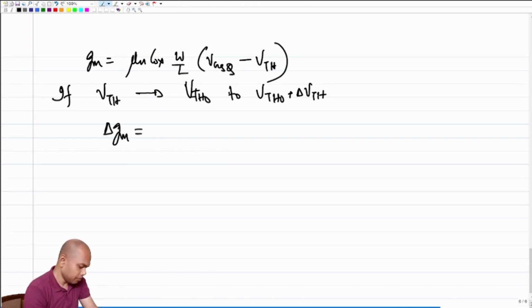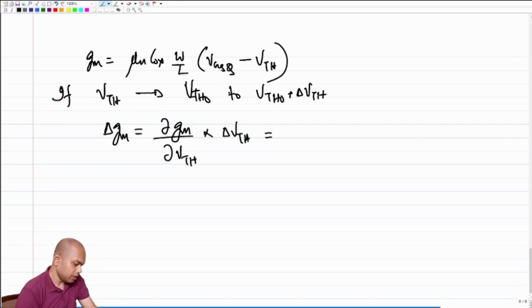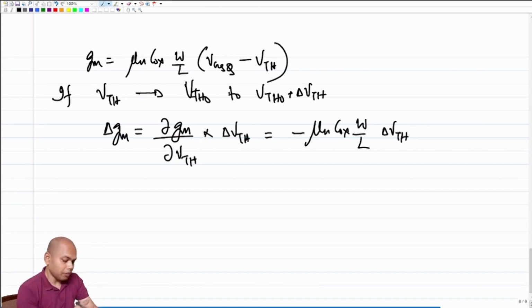Delta Gm will be del Gm del VTH times delta VTH, which will be minus mu n Cox W over L times delta VTH. Why minus?